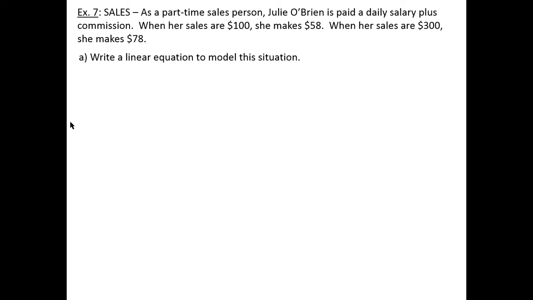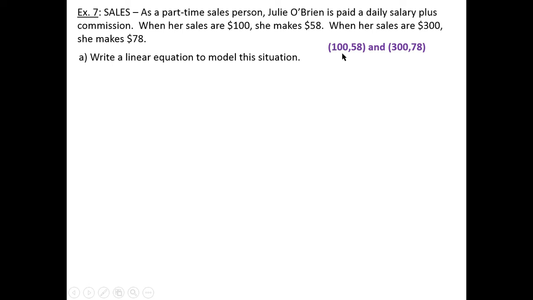So if we take a look at the second and third sentences here, when her sales are $100, she makes $58. When her sales are $300, she makes $78. Now if we take those numbers and think of them in a slightly different way, we can actually make them into ordered pairs.